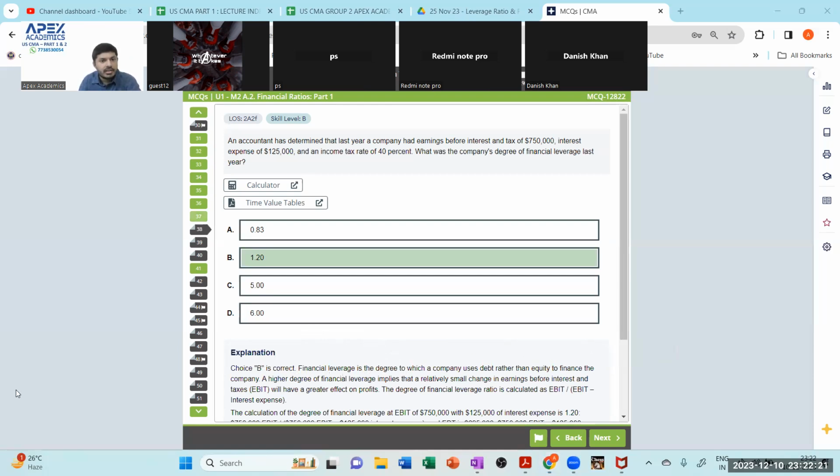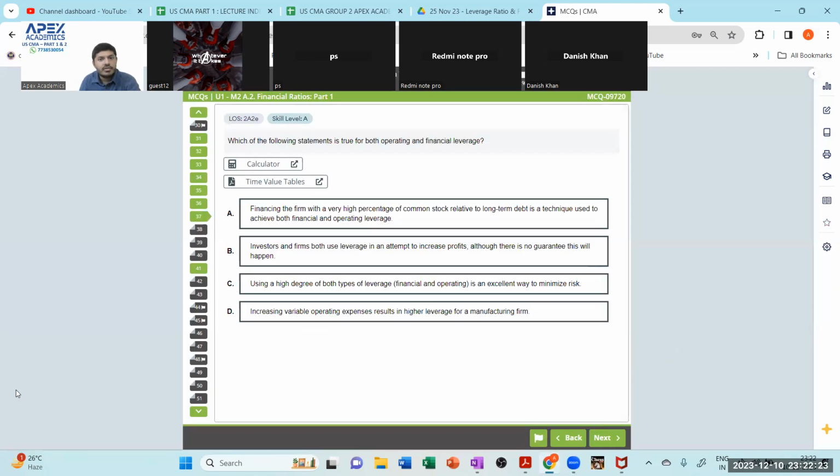Question number 37. Which of the following statements is true for both operating leverage and financial leverage? Financing the firm with a high percentage of common stock means equity relative to debt is a technique used to achieve both. No. If equity is greater than debt, financial leverage is less. Agreed or disagreed to my statement?